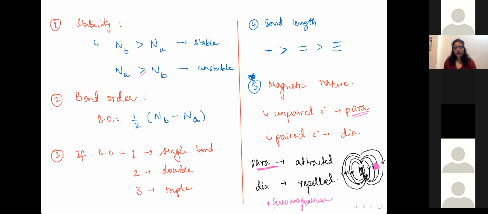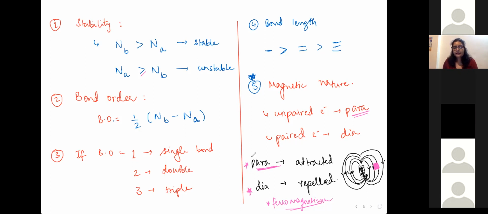But if it is not that much, and you can't visibly see it, but it is definitely affected by the magnetic field, and the electrical properties of that substance are changed because of it, then that is called paramagnetic. But if it does not show any such effect, if it is not attracted to the magnetic field, or maybe if it is repelled, then that substance is called diamagnetic.